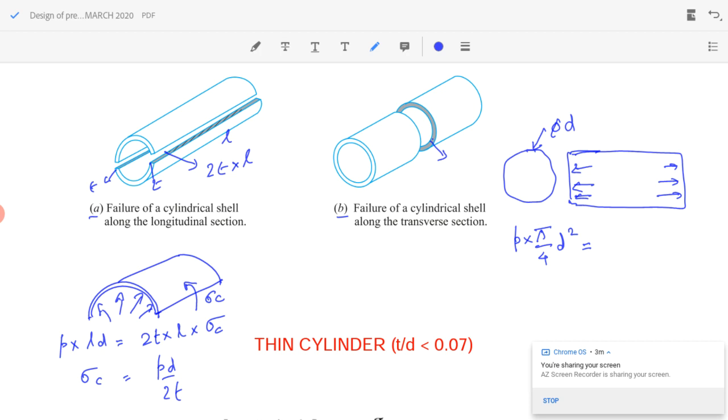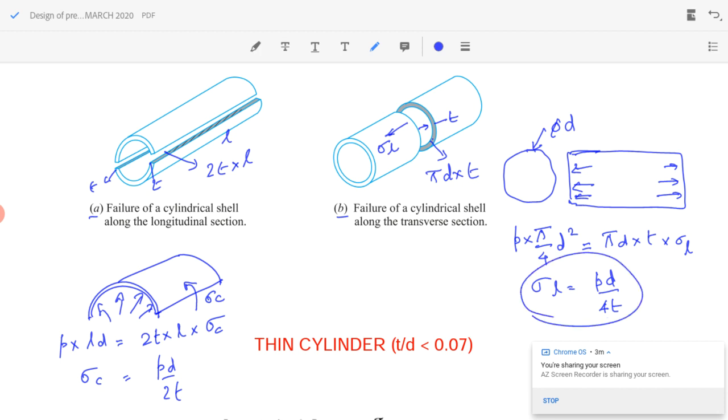And what will be the area of that shaded one? That area will be pi D into T, thickness being this length, into the stress acting along the longitudinal direction, denoted by sigma L. So I will get sigma L equal to P D by 4T.